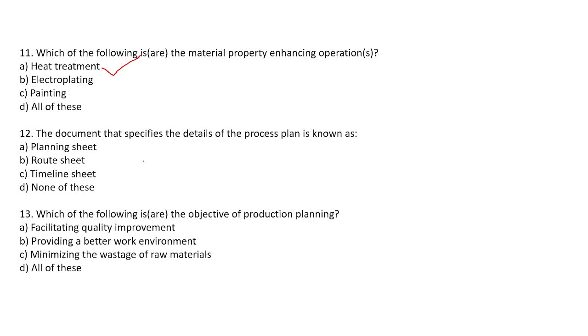Here, the document that specifies the details of the process plan is the route sheet, because there you can get the operations, the sequence of operations, the time required for each operation, the materials needed, and the machines and tools required. So this is the correct option, B.